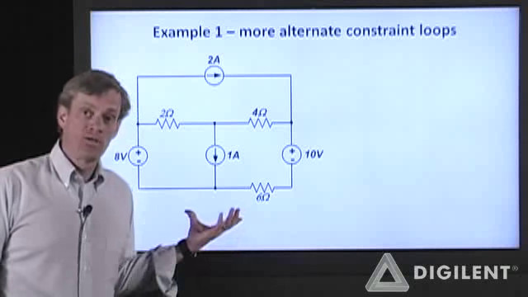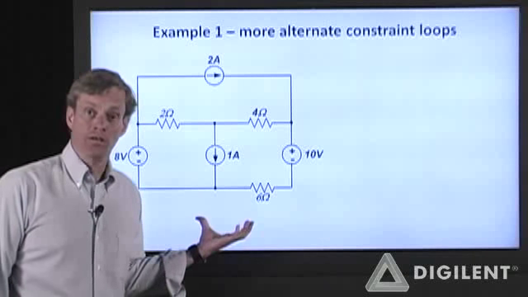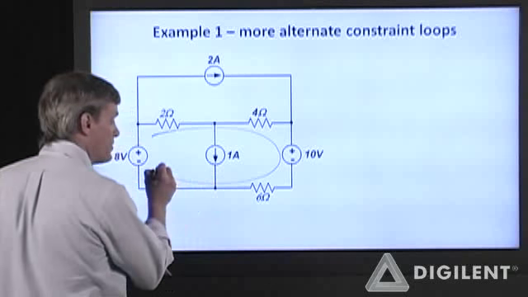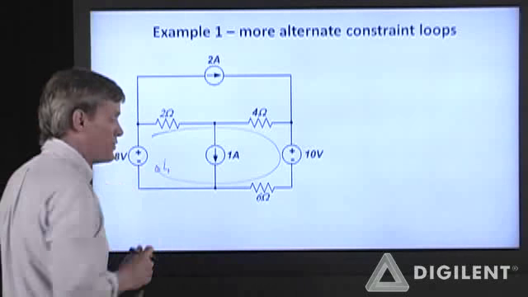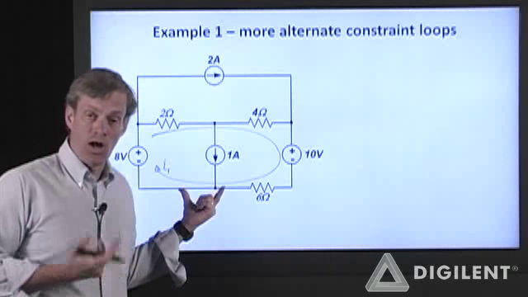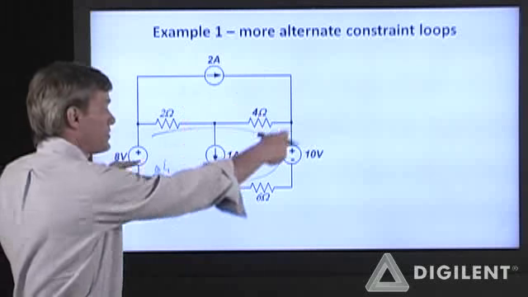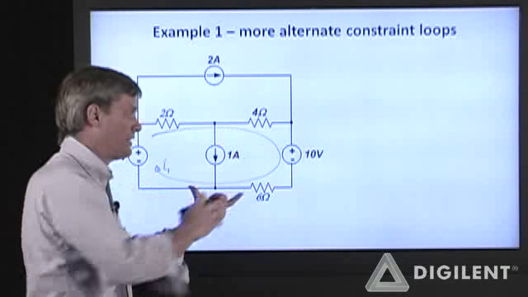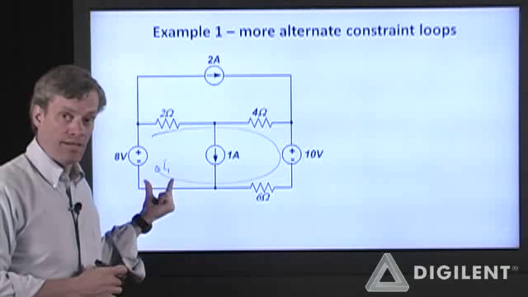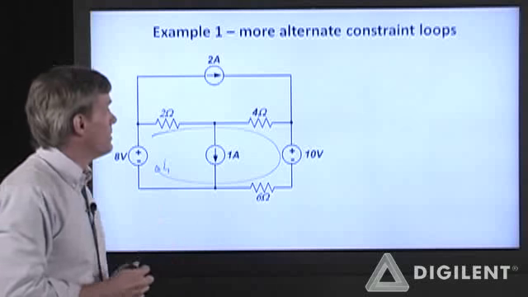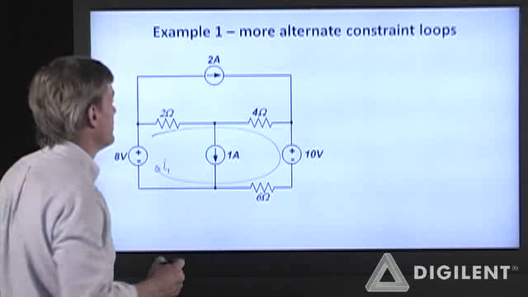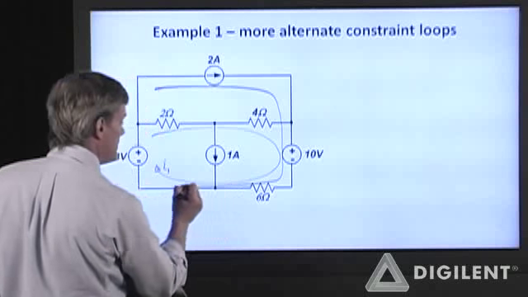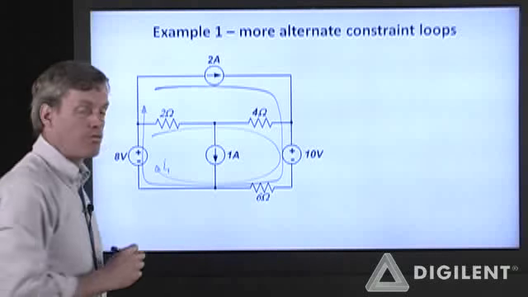Just for kicks, let's do yet another choice of constrained loops. My mesh current is still going to go through the same elements that it's always done. If I kill the sources and look at enclosed non-overlapping areas, I still only get this one. That uniquely defines this mesh current. Now, I need to choose constrained currents. Let's stick with the same choice as the last one that I did for no particular reason.